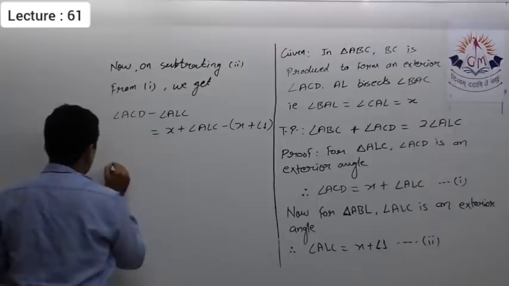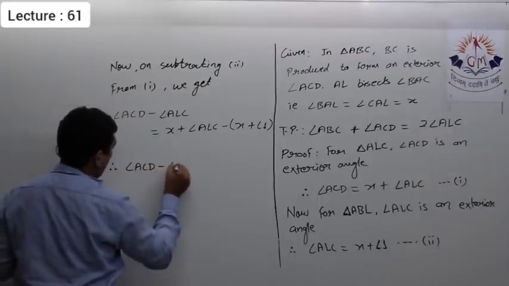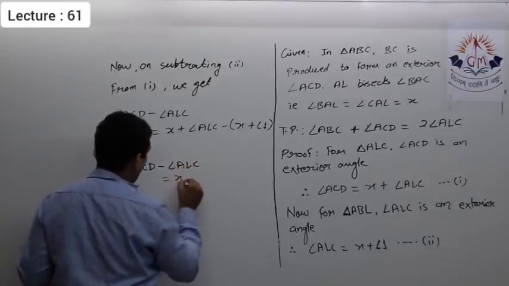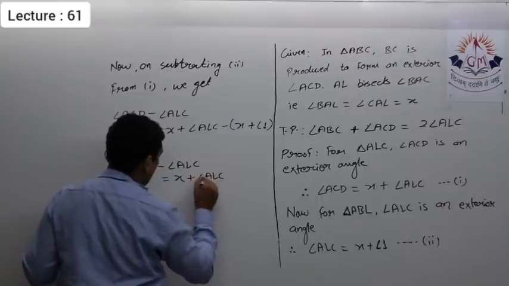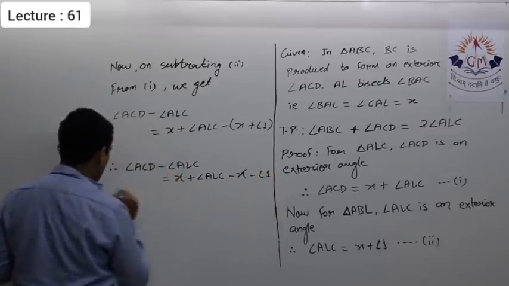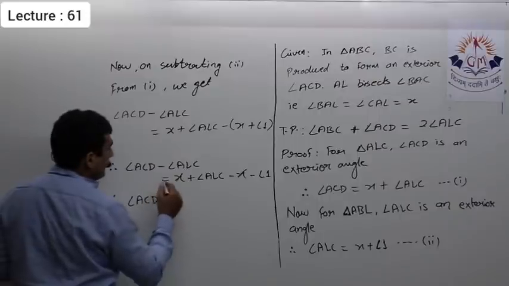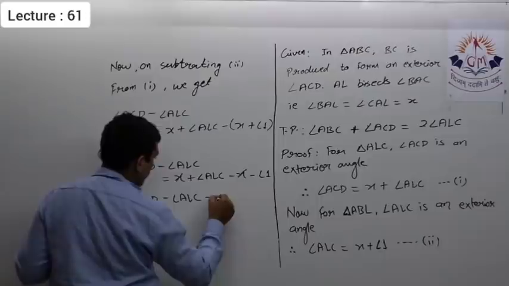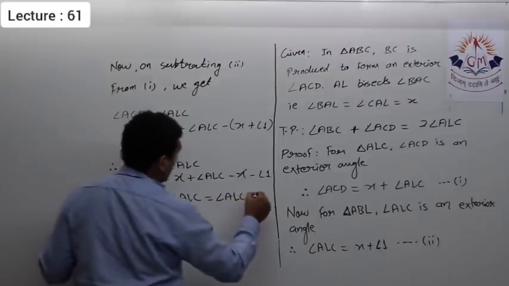Okay, therefore here I'll get angle ACD minus angle ALC is equal to x plus angle ALC minus x minus angle 1. Minus x plus x cancel. So here angle ACD minus angle ALC is equal to angle ALC minus angle 1.